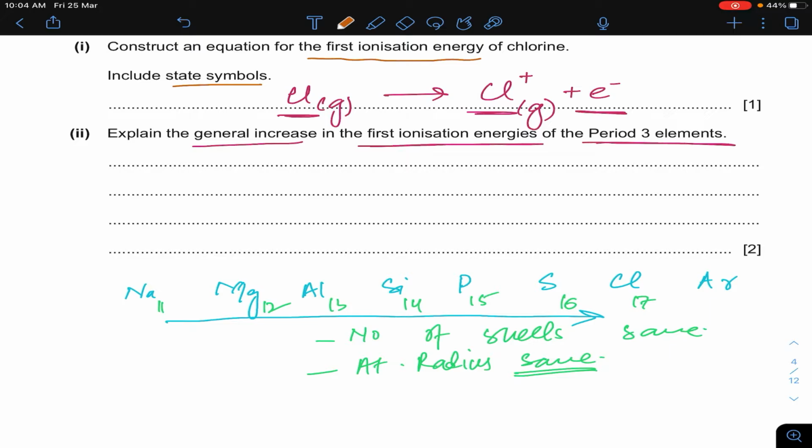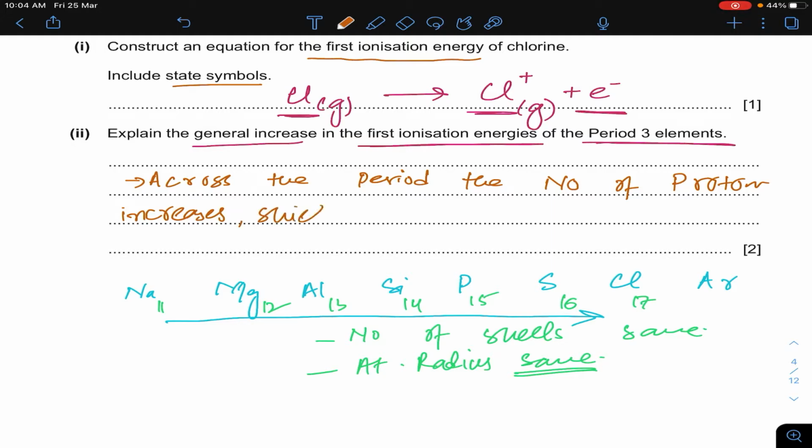and it becomes difficult to lose an electron. So across the period, the number of protons or nuclear charge increases, the shielding effect and atomic radius are the same, or you can say the number of shells is the same.